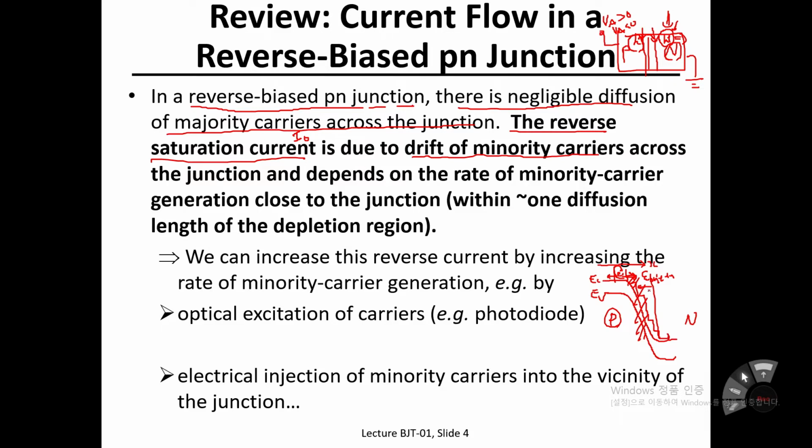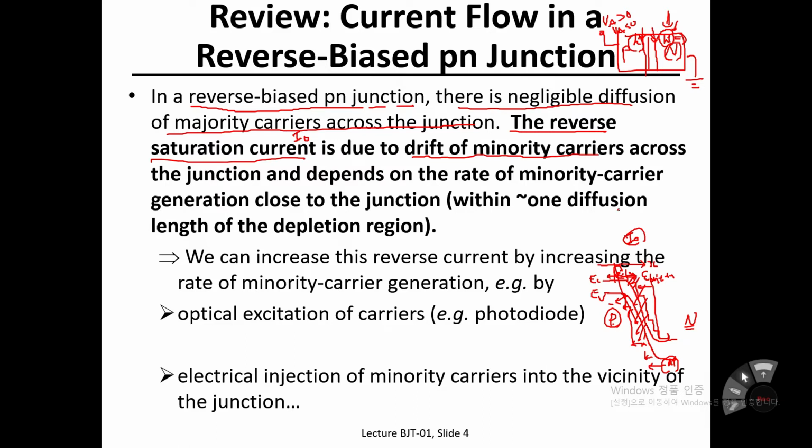This drift of minority carriers in the p-type region across the junction is the main origin of the saturation current I naught. Likewise, in the n-type region, the minority carrier hole can be injected into the depletion layer, move like that, and in the end arrive in the p-type region. So this minority carrier in n-type, the hole, is another origin of saturation current.